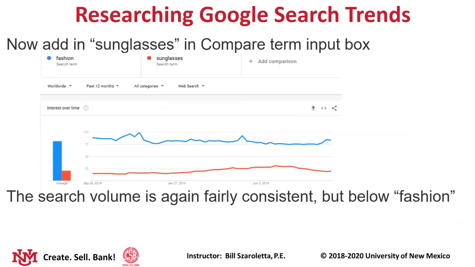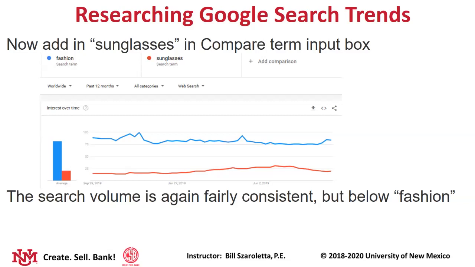And now let's add in sunglasses. Now, sunglasses, you can have fashion, but it's not as searched as fashion. But again, you start to see a curve that is pretty flat as opposed to others.